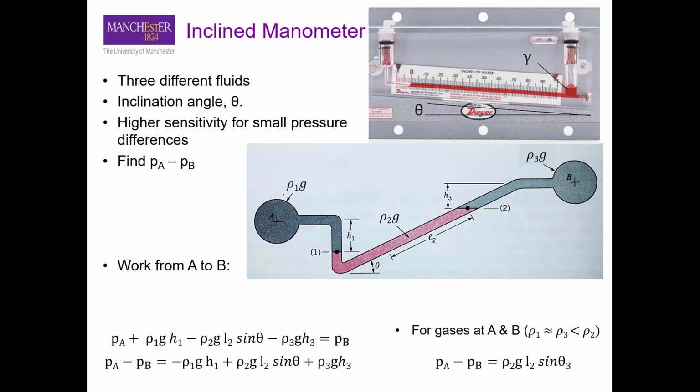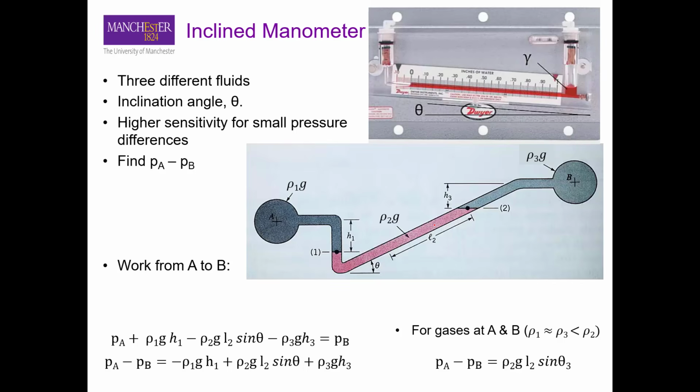Then we have the gauge fluid of density rho 2. And then we have the third fluid of density rho 3. And then we have this inclination angle, theta, obviously. So the theta angle controls the sensitivity of this instrument.